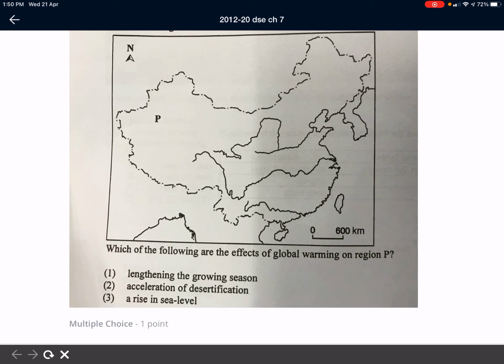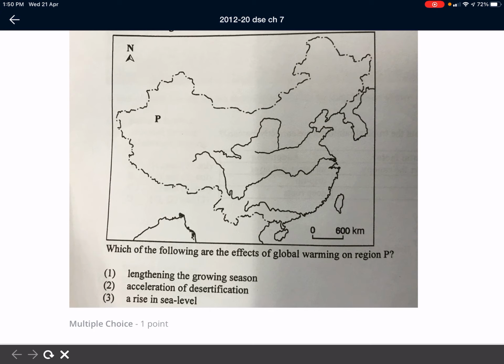It's also an impact of global warming for region P, because even though it's inland, it's still at a high latitude, so the growing season can be enhanced. Number 2, the acceleration of desertification, also true, because with a higher temperature, the evaporation rate will be higher, and the desertification rate will also be higher.